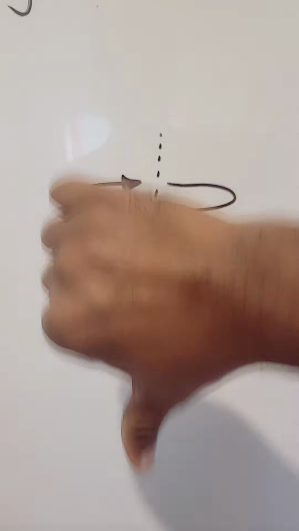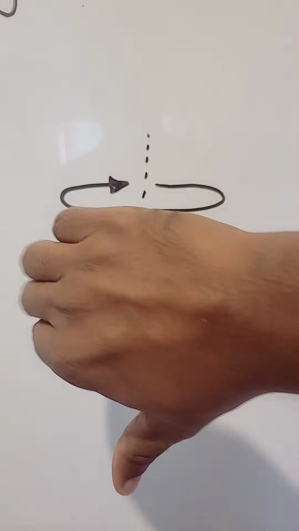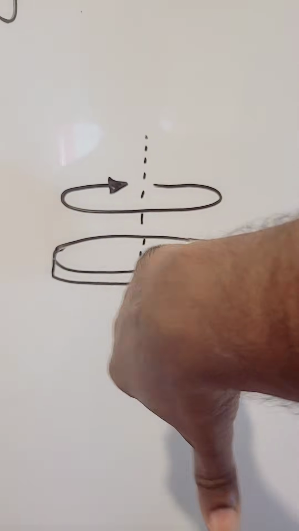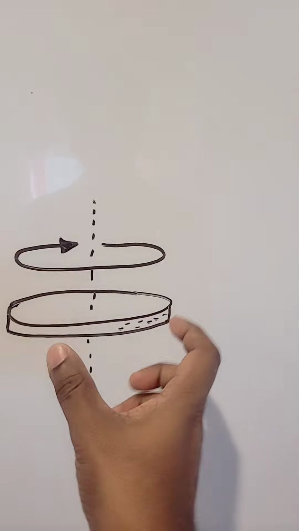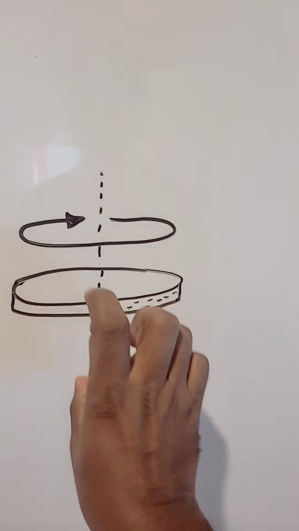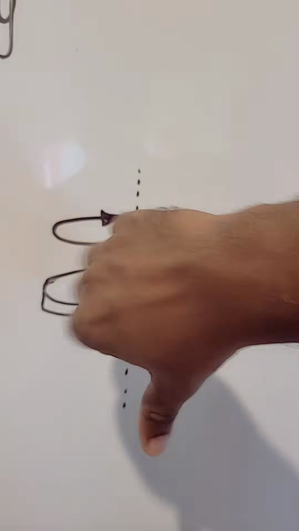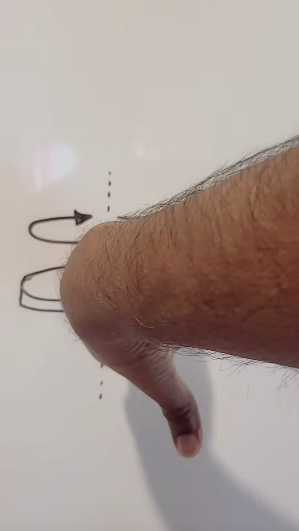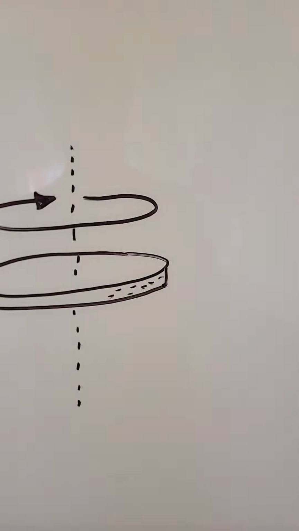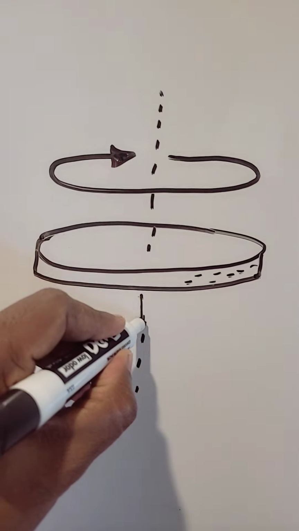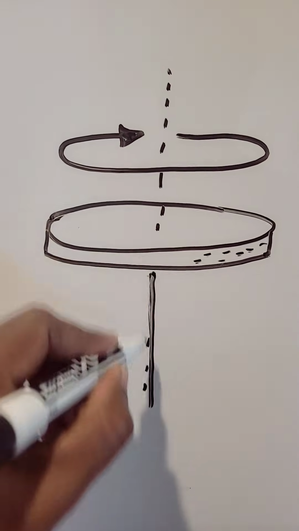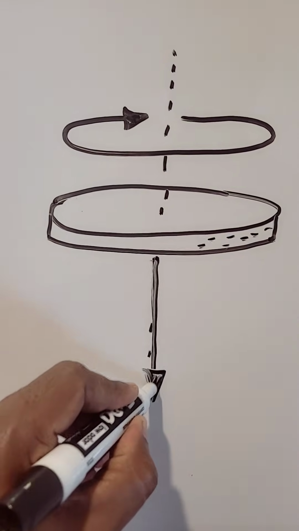And then look at the thumb. The thumb in this case is pointing downward. So if the disk is rotating clockwise, then the thumb is pointing downward. So here the angular velocity vector is pointing downward.